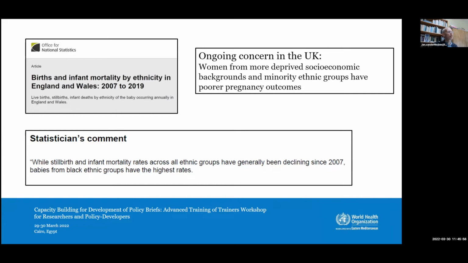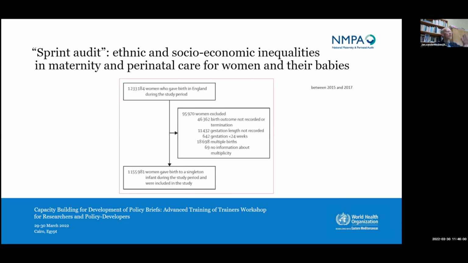And we did a piece of work around that. We looked at a data set that we got from the NHS. It's a single episode data set. Let's not talk too long about it. We have data from women who gave birth between 2015 and 2017, a long time ago, also because of data delays. We included about 1.5 million women who gave birth to a singleton baby, so we excluded twin pregnancies.